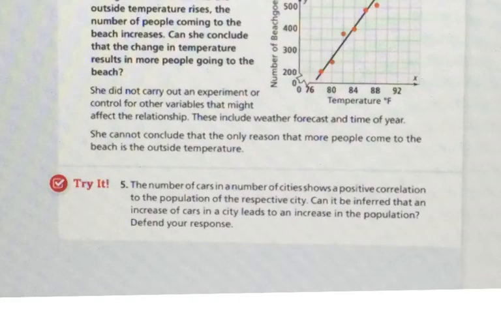This says a student found a positive correlation between the number of hours of sleep his classmates got before a test and their scores on the test. Can he conclude that he's going to do really well on the test if he goes to bed super early? What do you guys think?